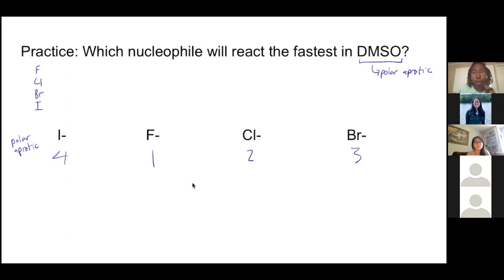Suppose we had a polar protic solvent, however. How would our order of nucleophiles look differently?